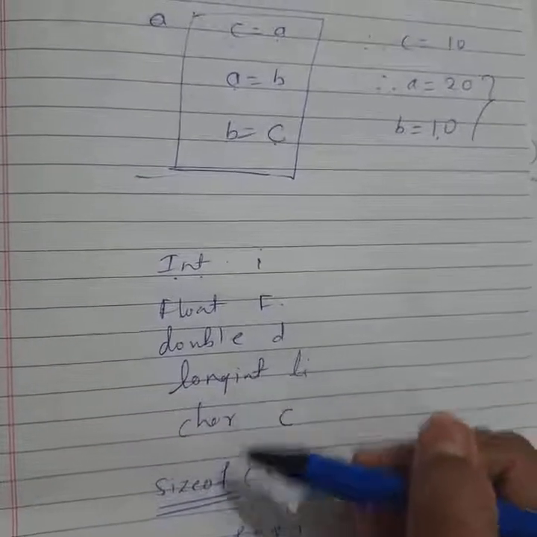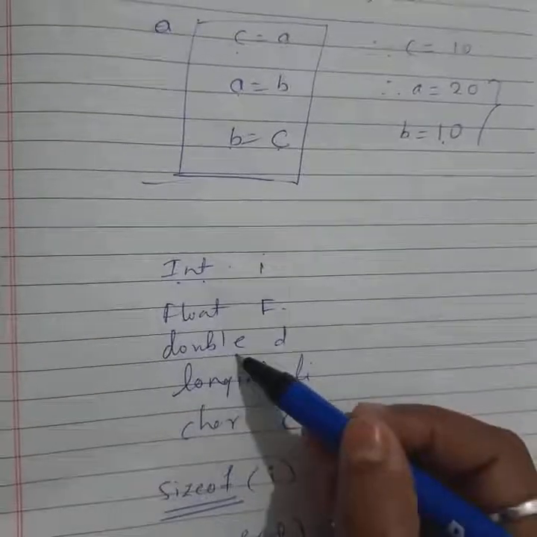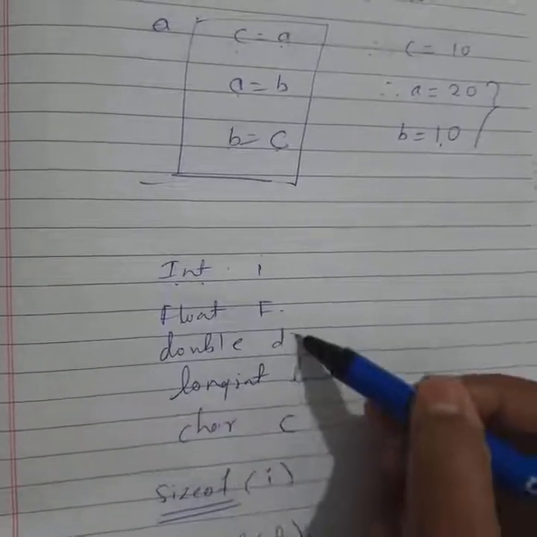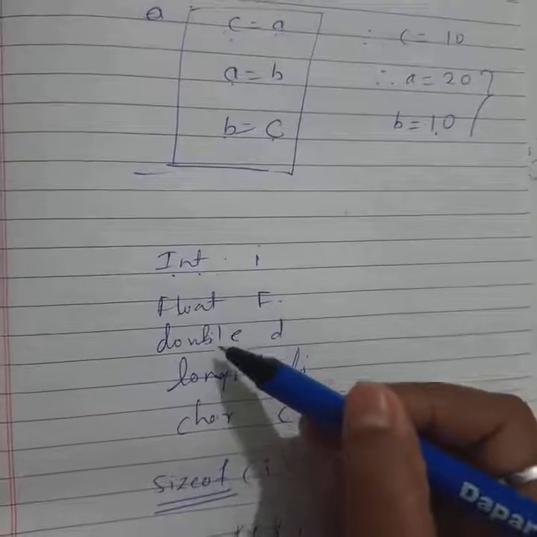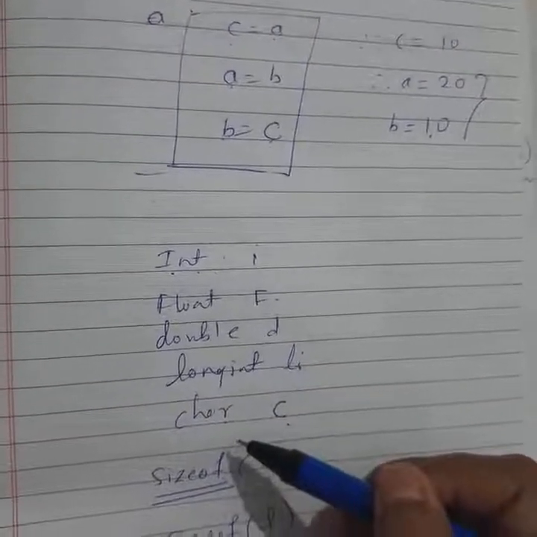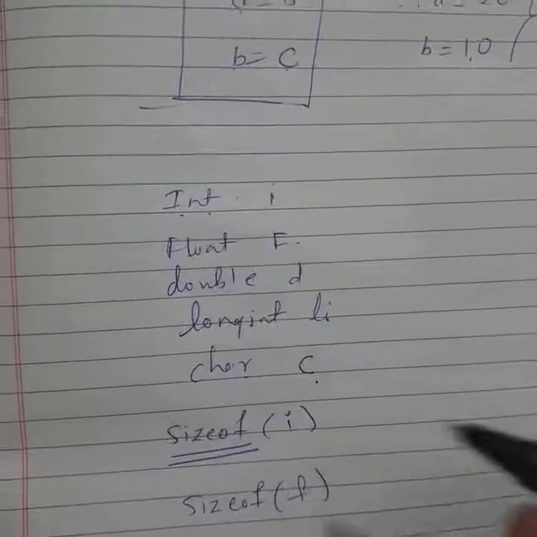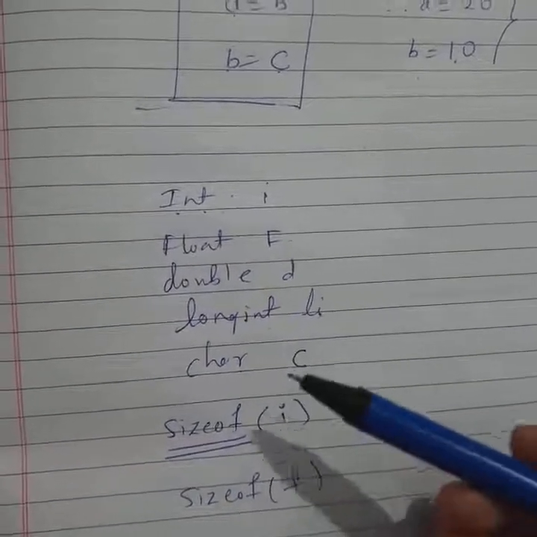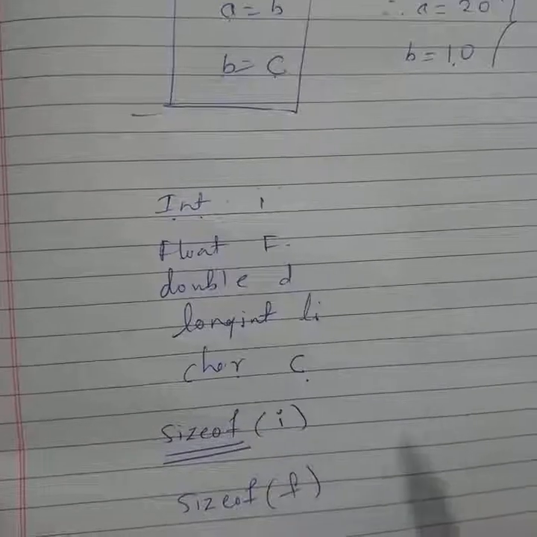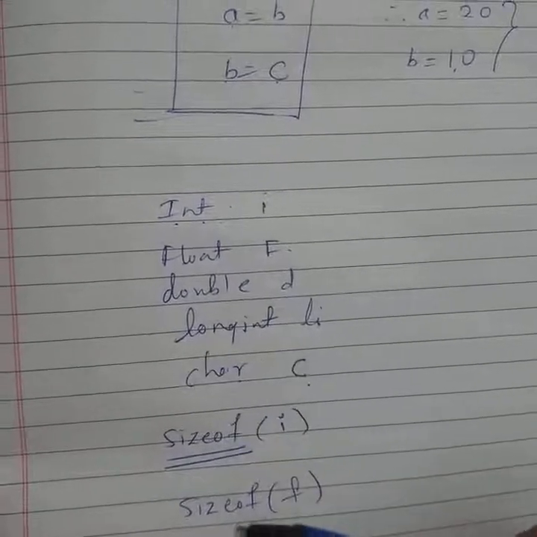Similarly, we will use double, long int, and character variables for finding the size of these data types. Many more data types are also used in C. Similarly, we find those data type sizes like this.